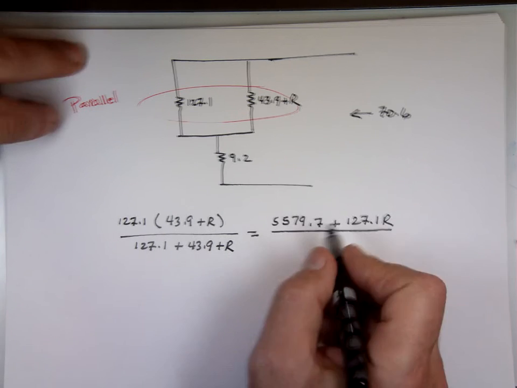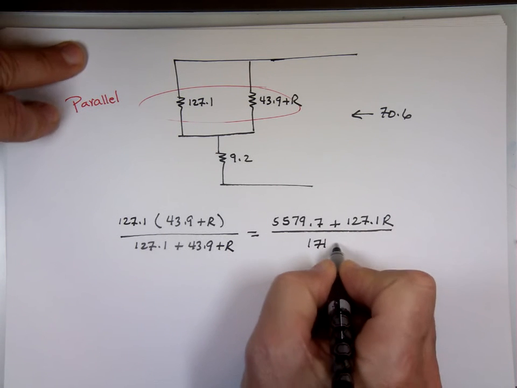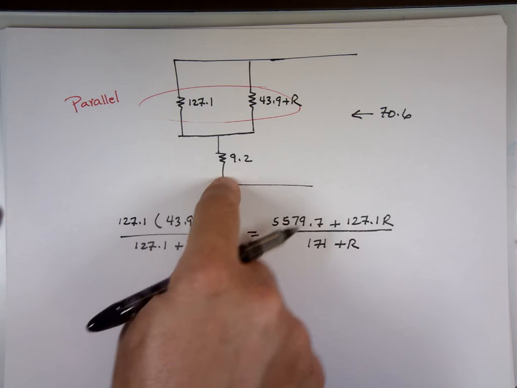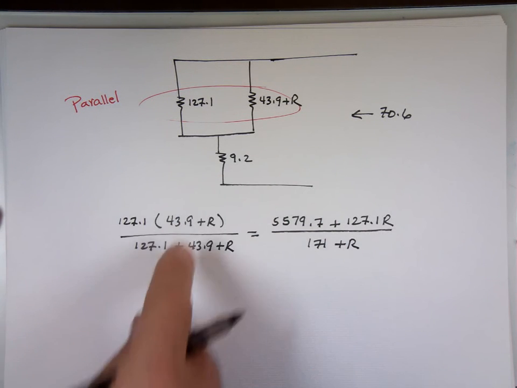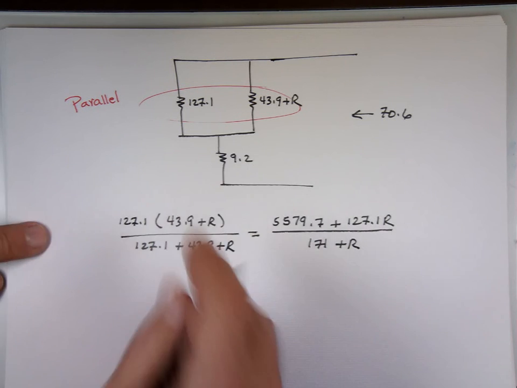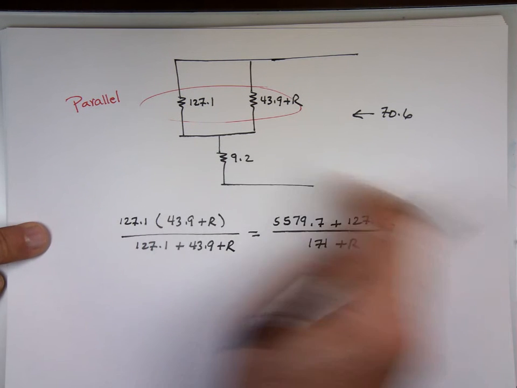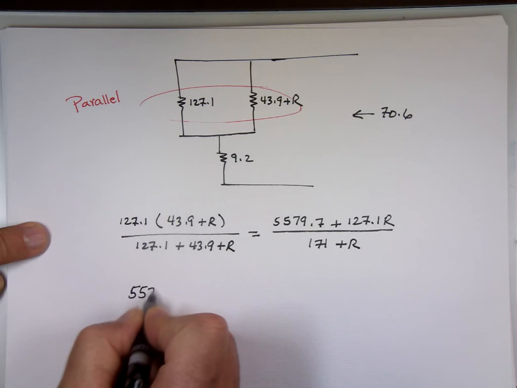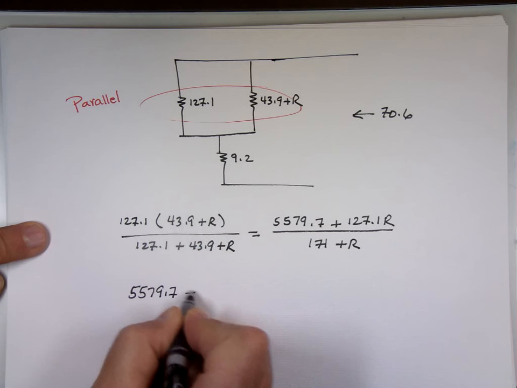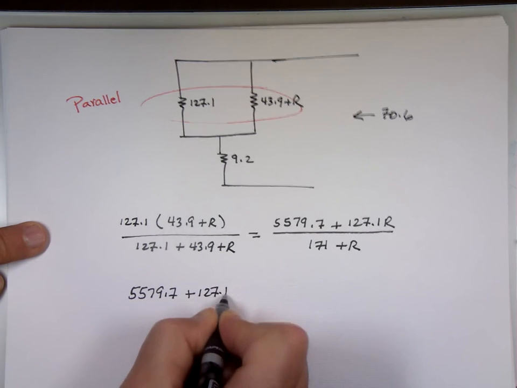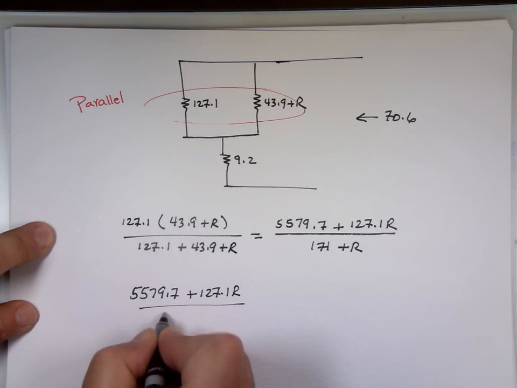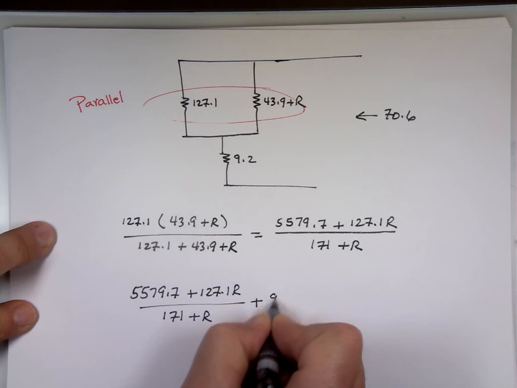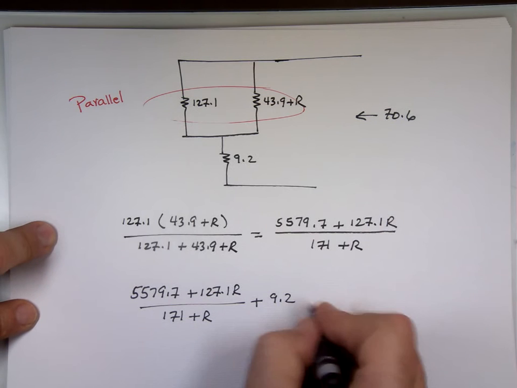It's 171 plus R. And how is that result in relation to this one? 78.6 minus 9.2. Yes. So this is going to be in series with that. So we take this answer, add to it the 9.2, because they are in series, and that result should equal 70.6.